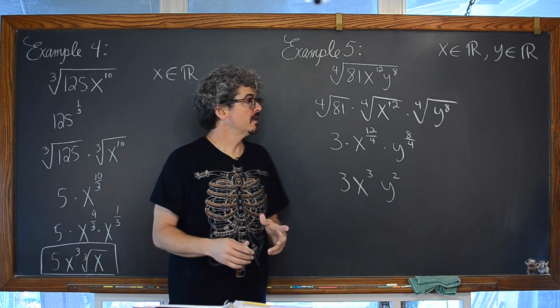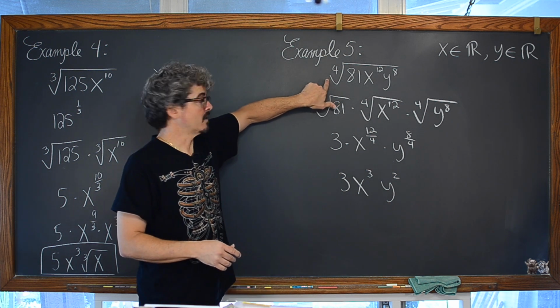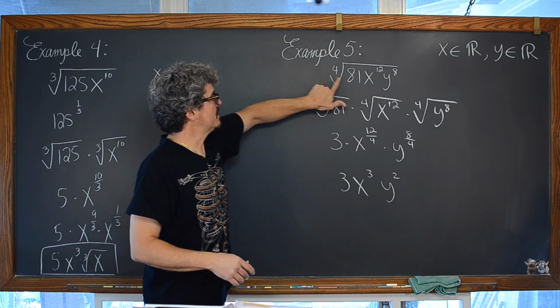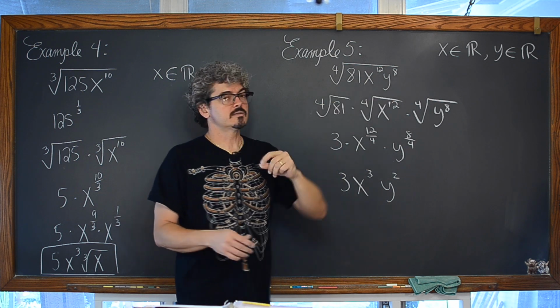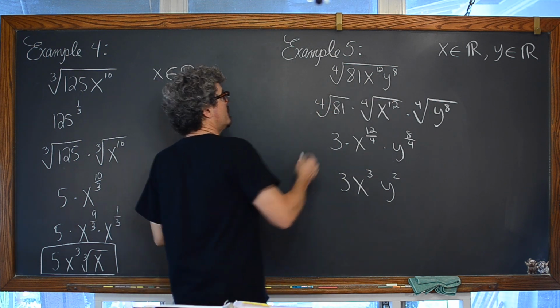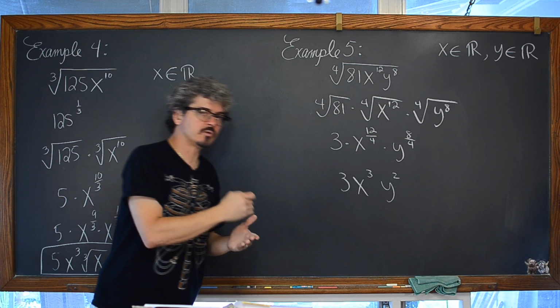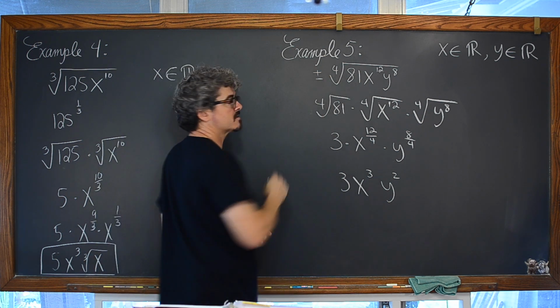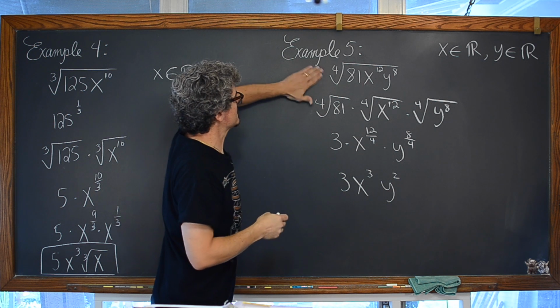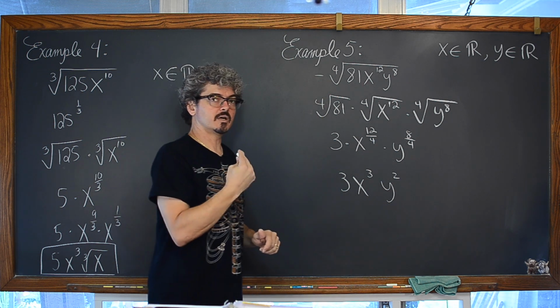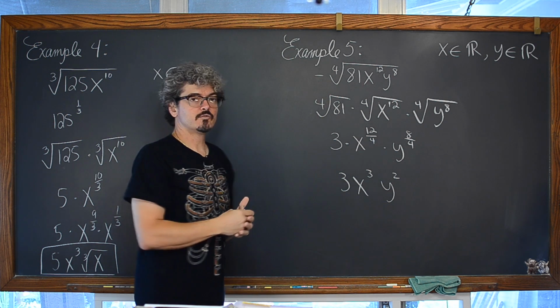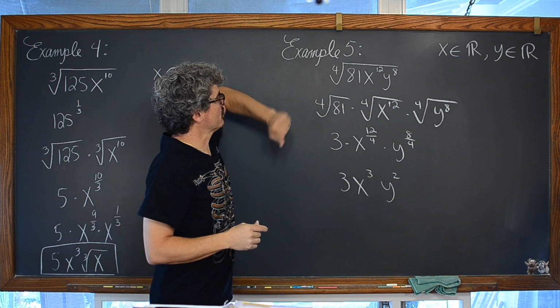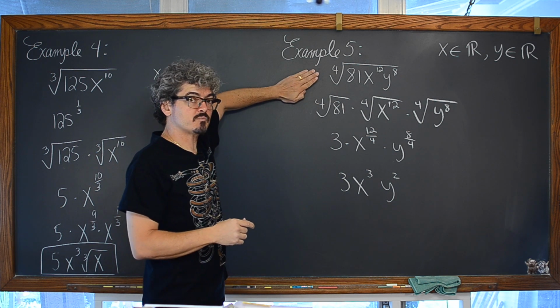Well, that's fine, because look at our notation here. It is the fourth root of 81 x to the 12th y to the 8th power. And we are looking for a principal root, a positive root. We're not looking for a plus minus here. I'm not asking for specifically a negative value from this. I'm looking for a fourth root. I need to have an answer which is positive.